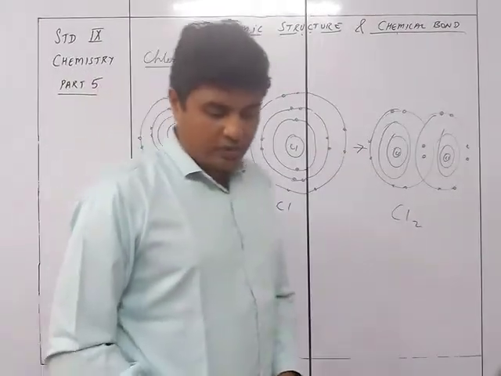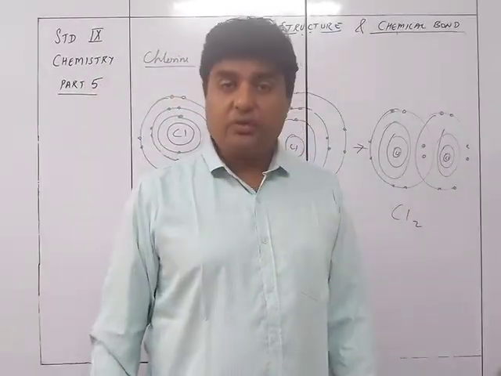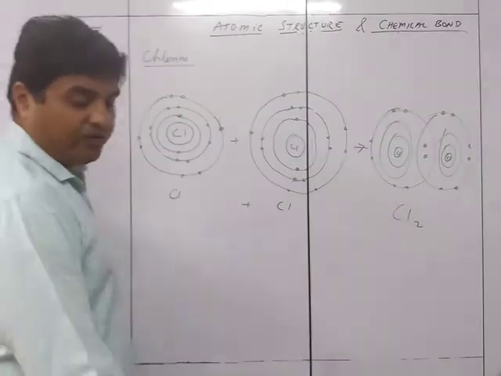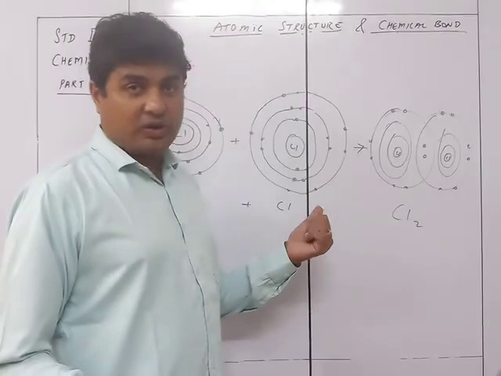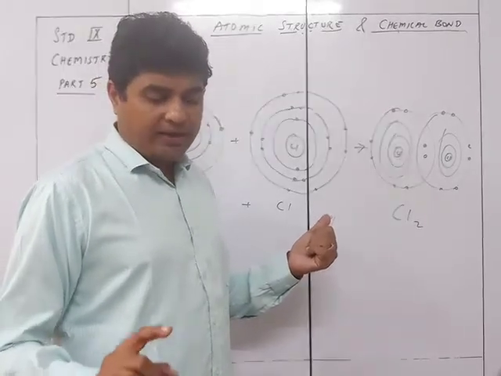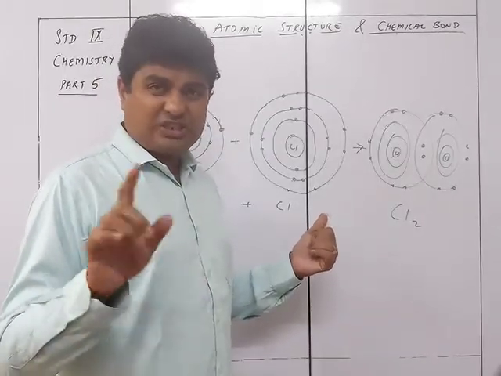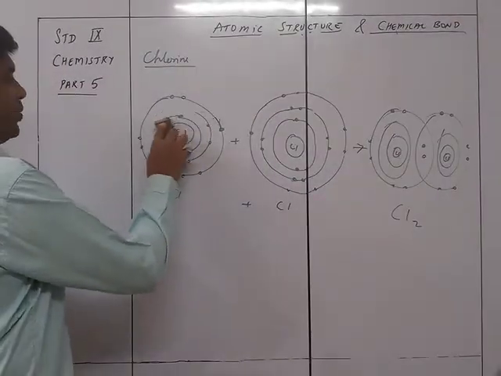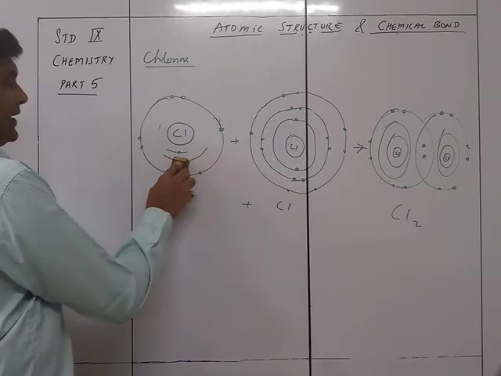So 2 chlorine atoms combine together. You can see over here in the figure that for such kind of sharing of electrons, they have shown only the outermost shells. They have not shown the inner part, so you can easily avoid this while drawing the structure.